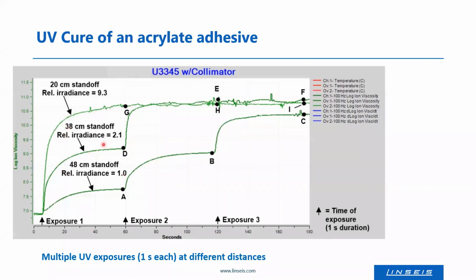When you change to longer distances, you can see that one exposure is not enough. You do not reach the final cure. You need another exposure for this distance here, 38 centimeters. And for higher distances, you need even 3 or more exposures with UV light.